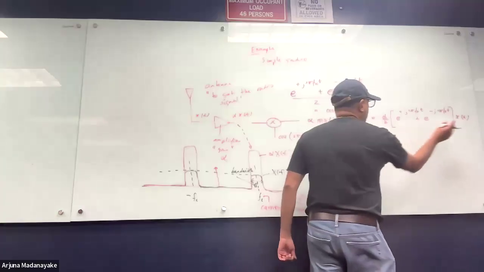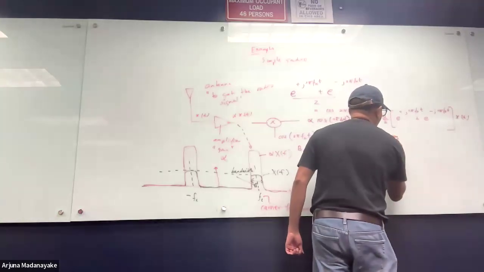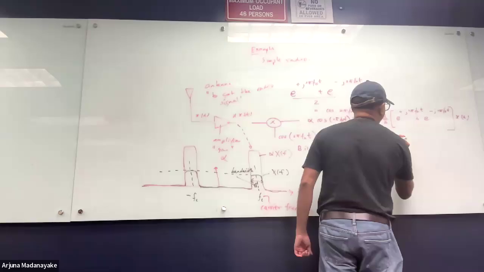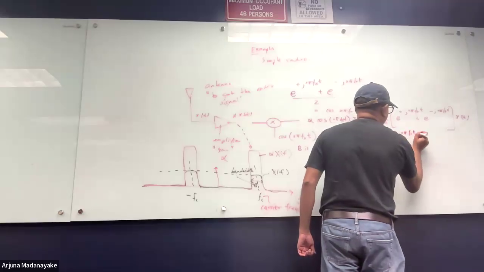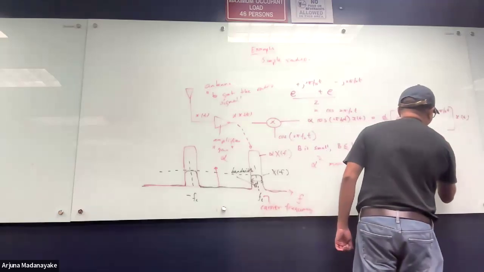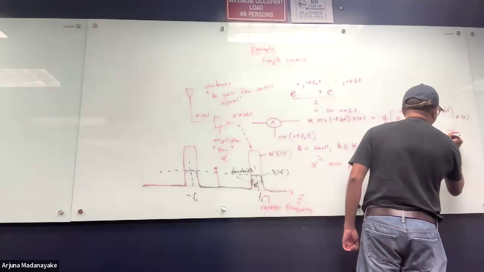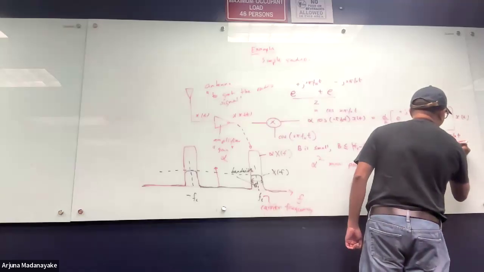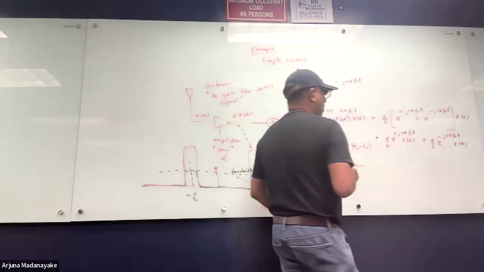So I can write this as two separate signals: alpha by 2 e to the plus j2 pi f naught t x of t, plus alpha by 2 e to the minus j2 pi f0 t x of t.